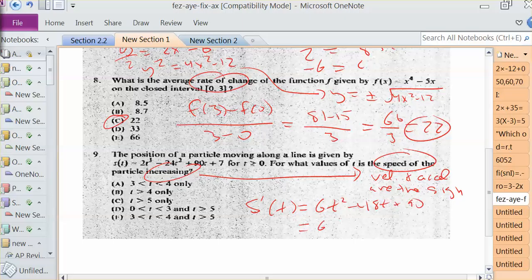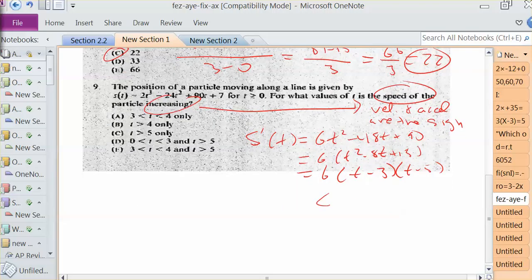Factor out a 6: t squared minus 8t plus 15. Keep breaking it down. So we see that our derivative will be positive, negative, positive in those intervals.